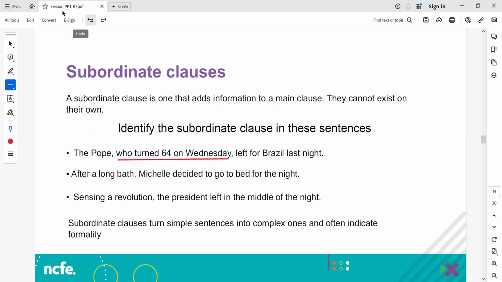Who turned 64 on Wednesday, it's a subordinate clause. It needs other information to make sense. Okay, after a long bath, Michelle decided to go to bed for the night. So where's the subordinate clause in that sentence?